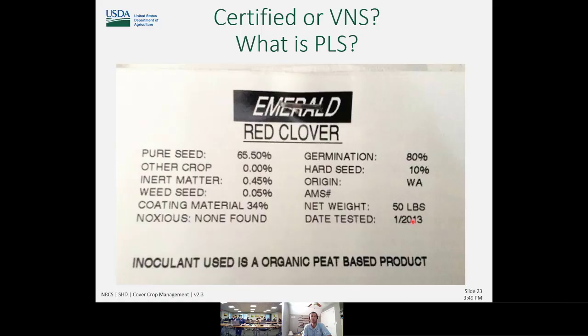But if we take that a step further and look at PLS, and take in all these other considerations and factors from the seed tag, we'll actually find that this producer would need about 16 to almost 17 pounds of this seed out of this bag to get a 10-pound per acre seeding rate. So there are a lot of different considerations we need to think about in planning and making those recommendations on a seeding rate, and we should make producers aware of different seed tags and what those things could actually include.